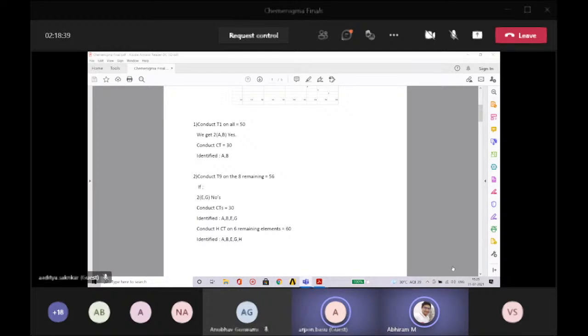Right. So I would just clarify one thing. For T1 we have only 2 no's, if I'm not wrong. So we have taken kind of the worst case scenario. If all the first 8 are yes, then for identifying the 2 no's, we will have to perform T1 10 times.